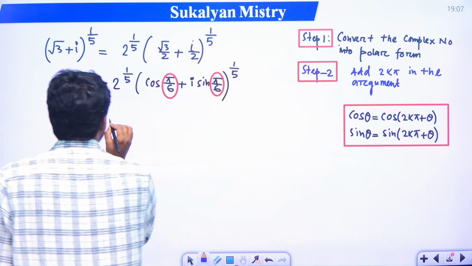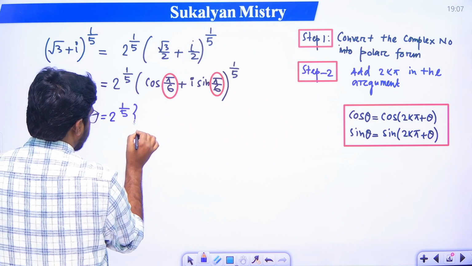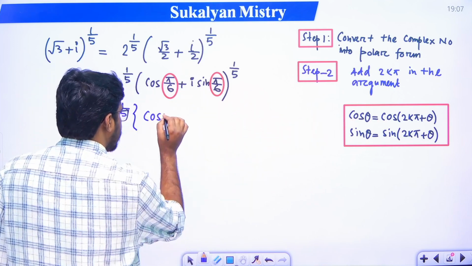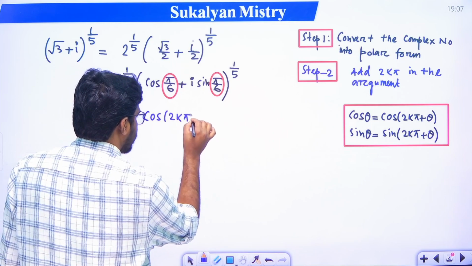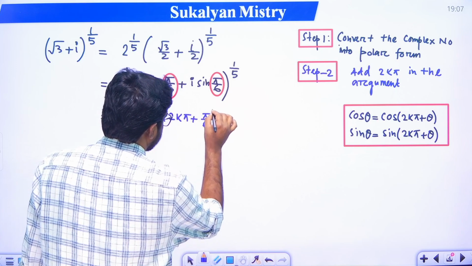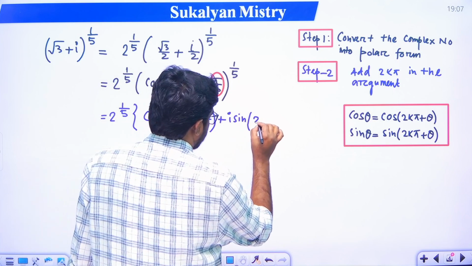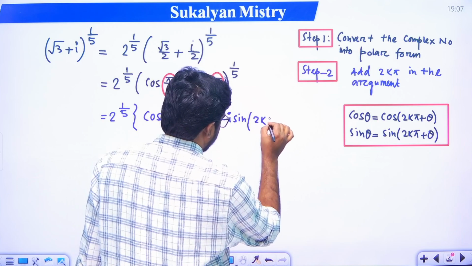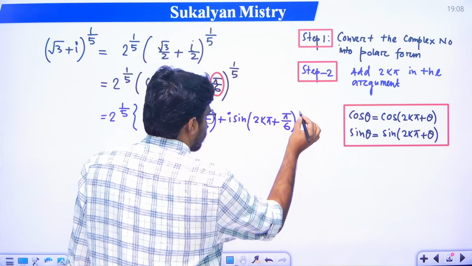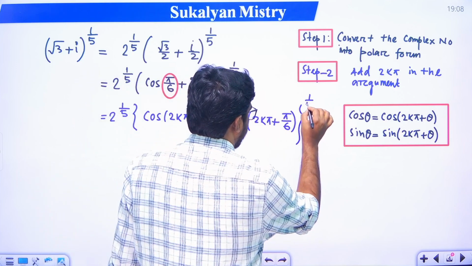So this equals 2 to the power 1 by 5 into cos 2k pi plus theta plus I sin 2k pi plus theta. What is theta here? Theta is pi by 6, to the power 1 by 5, right?